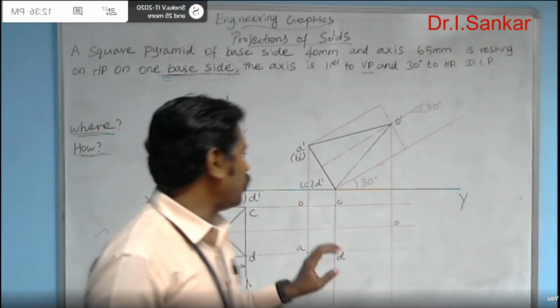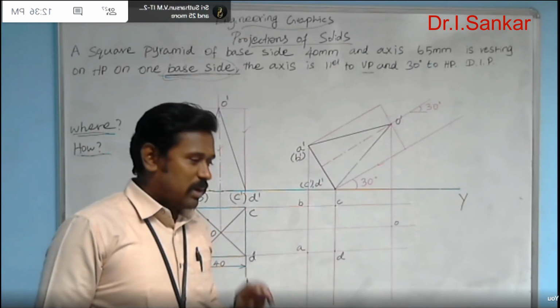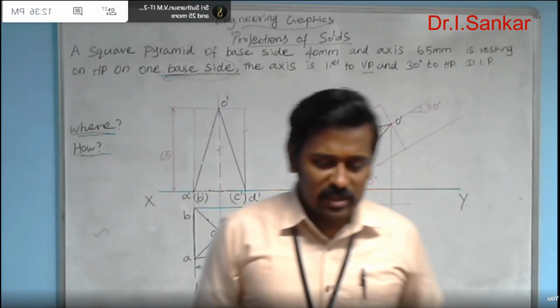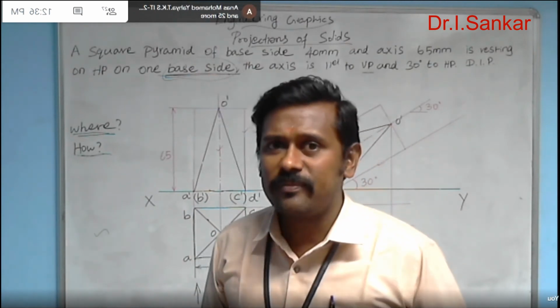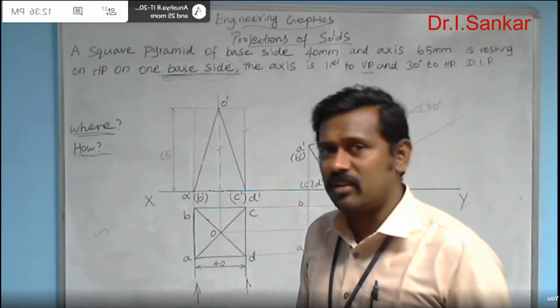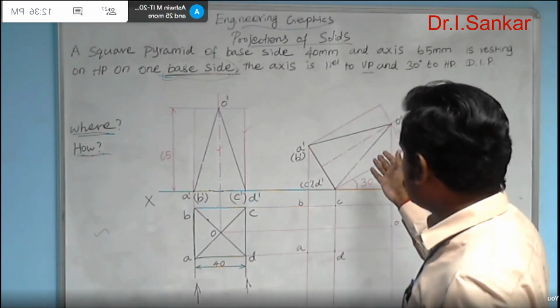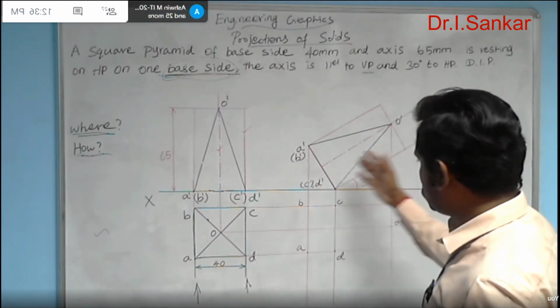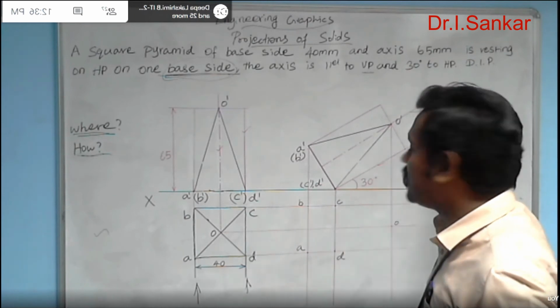But how to identify which are the visible edges and which are the invisible edges? By some experience, it is easy for a person to identify visible and invisible edges. For example, if you let an experienced person in engineering graphics or engineering drawing see and judge which are the visible edges and invisible edges in this group, then he will tell you without doing any rough work.